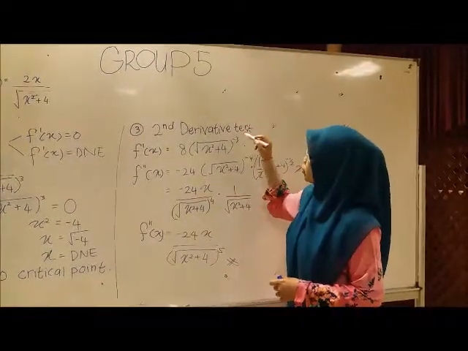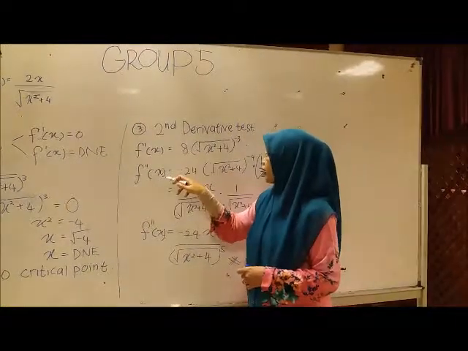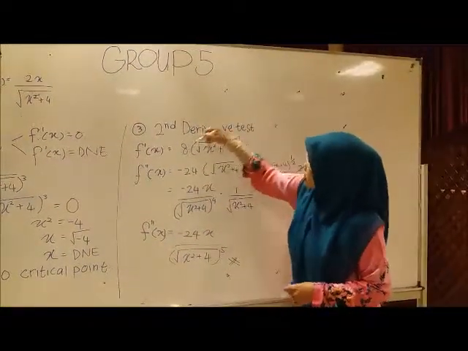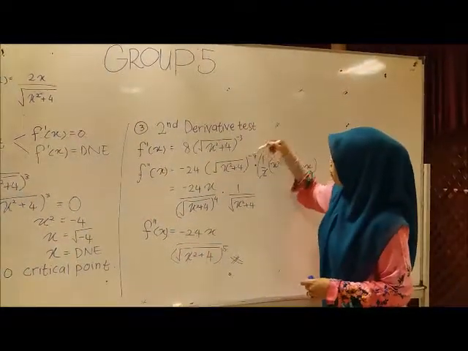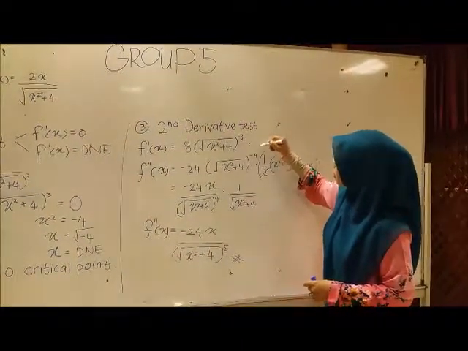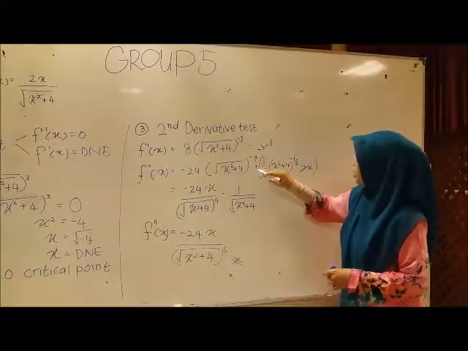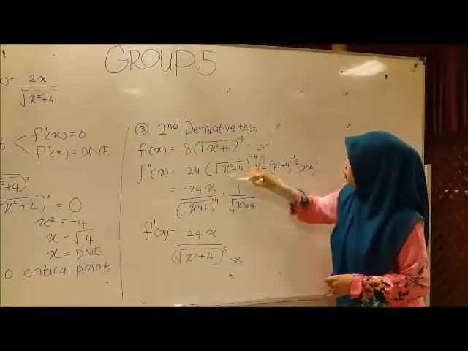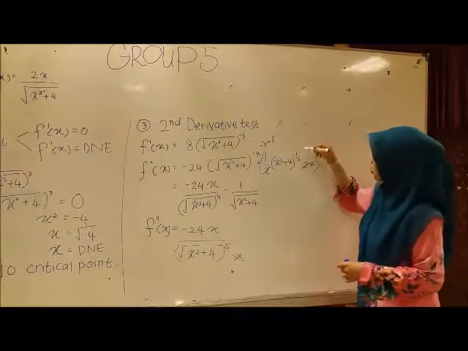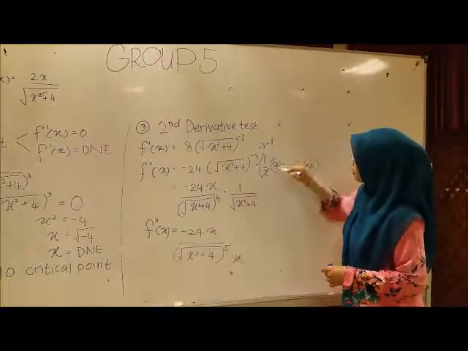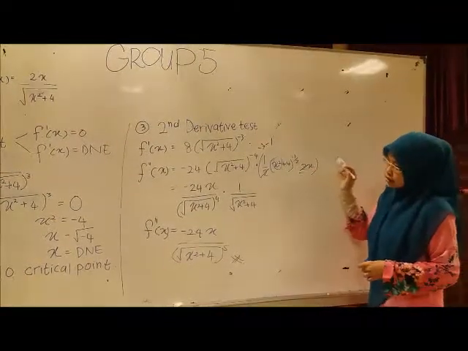Here we do the second derivative test. We bring down the negative 3 times 8, giving negative 24, and write it back to the power of negative 4, because negative 3 minus 1 is negative 4. Then we differentiate inside, the square root of x squared plus 4 to the power of 1, and differentiating x squared gives 2x.